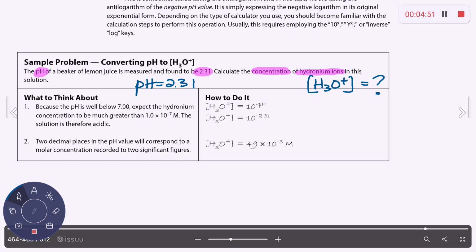Yeah, so the hydronium ion concentration is equal to 10 to the negative pH. You're going to put this 2.31 where pH would go. So you would put in your calculator 10 to the negative 2.31. Make sure you can get this answer so that I know you can do it on the homework. Make sure you get 4.9 times 10 to the negative 3.